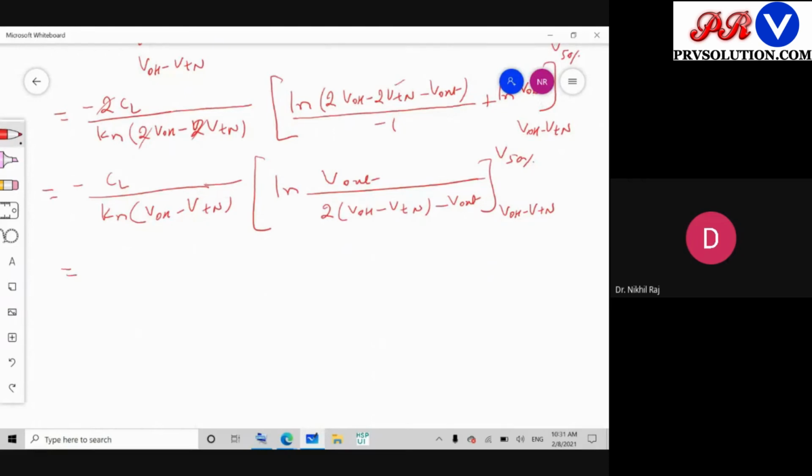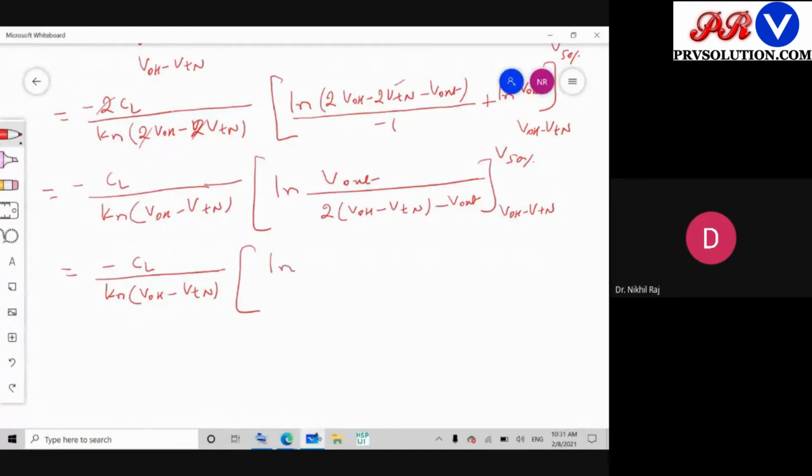Now just put the limits, and we can calculate the values, that is minus Cl by Kn, so VOH minus VTN, and then put the limit. So V 50% we will keep as it is. Later on we'll replace that V 50% with the value.